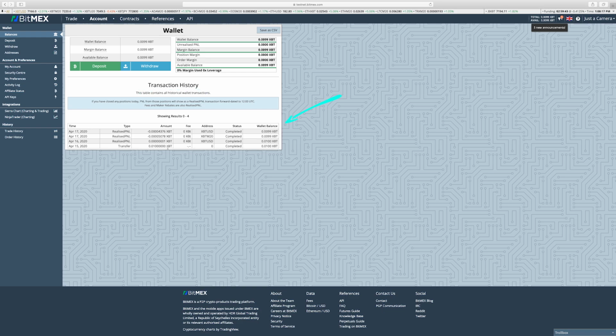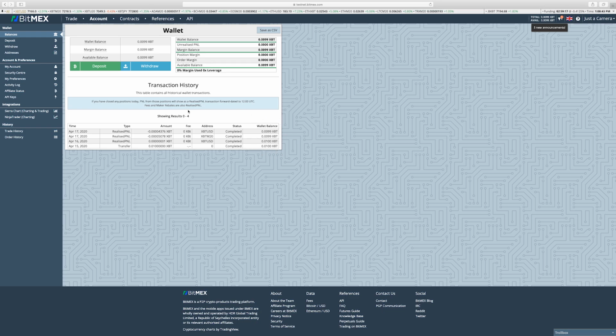So this is an important little table that we're going to be focusing on because it's going to be telling us our wallet balance after deposits, withdrawals, as well as anytime we close out a trade, realized P&L, and we will be getting into that in some of these other videos. Whether we win a trade or we've lost a trade, it's all going to be reflected in the wallet balance.